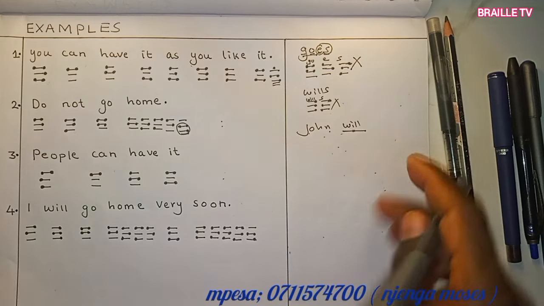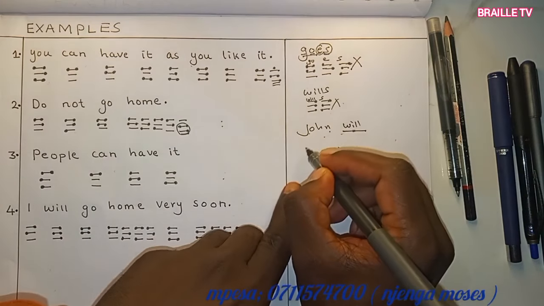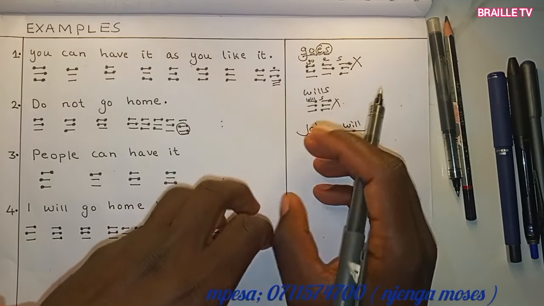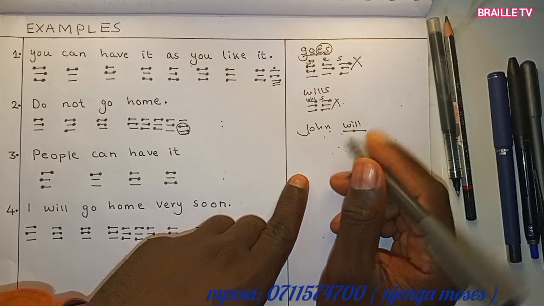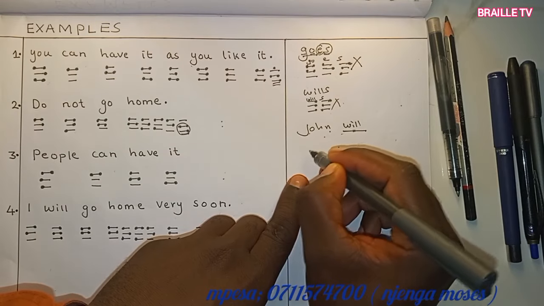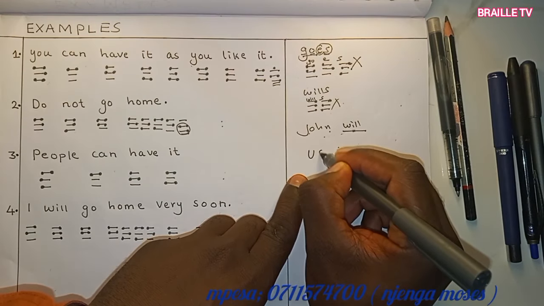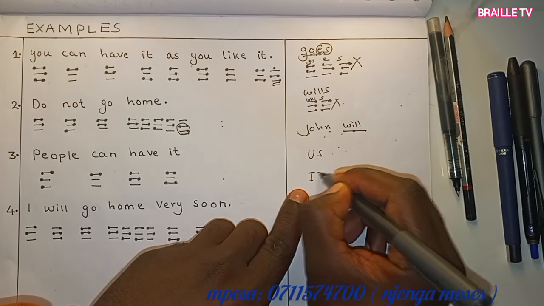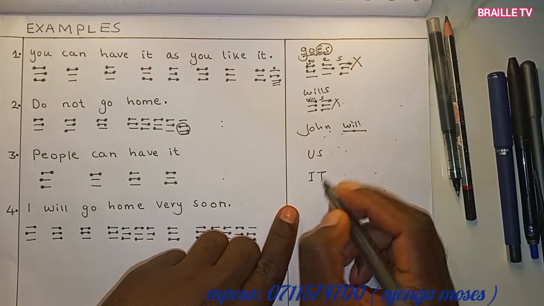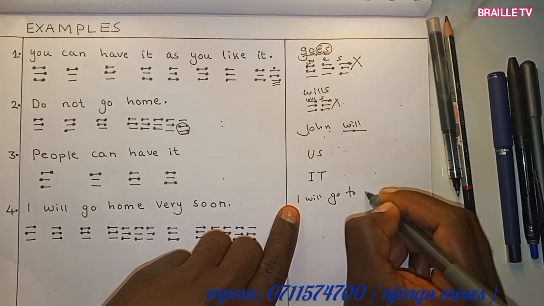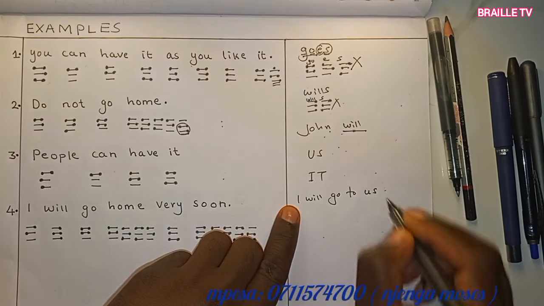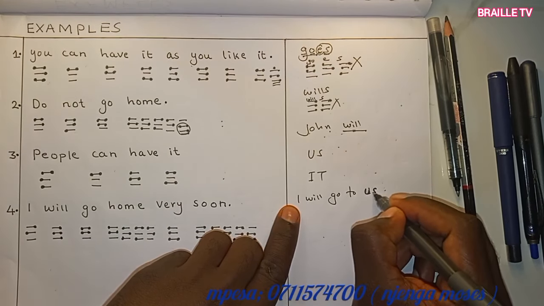And again, before I forget, these word signs that we have looked at, simple upper word signs, you cannot use them in acronyms. In acronyms, for example, US and IT. Let me come up with an example. I will go to US. Let's assume this is US.